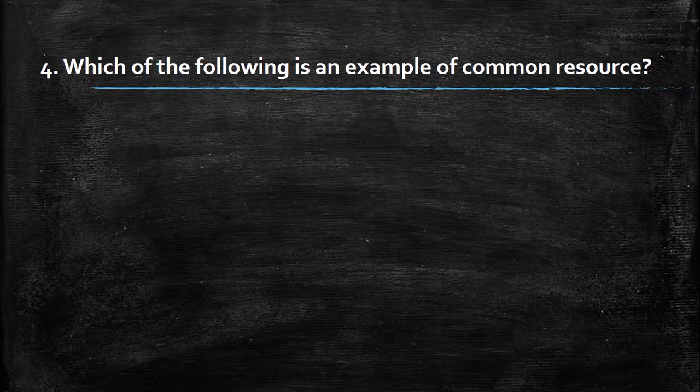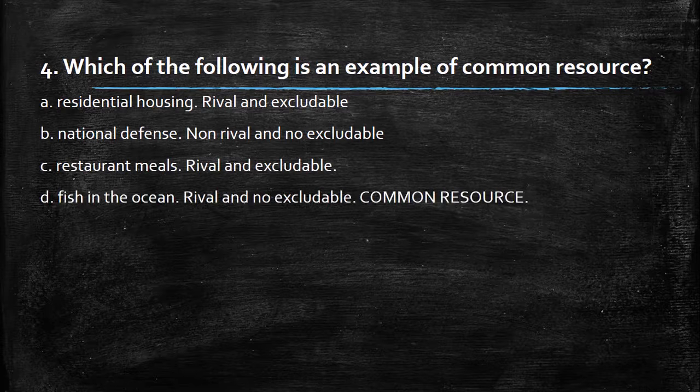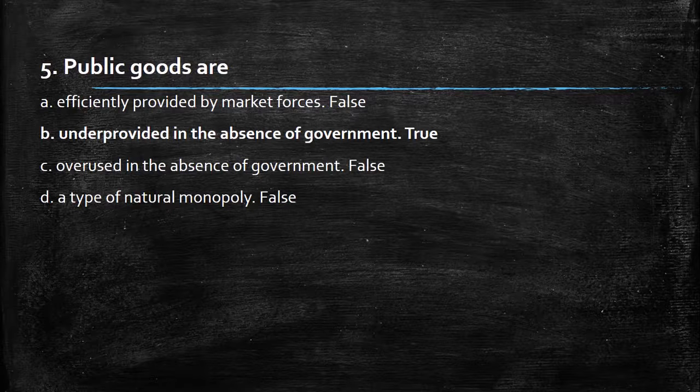Which of the following is an example of a common resource? Starting from the previous answer, we already know that it could be fish in the ocean. They are rival and not excludable. And the next option is about public goods, efficiently provided by market forces. We already know that this is the main fact of public goods and common resources: we are on the border.